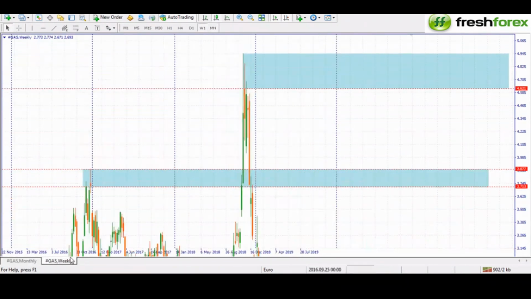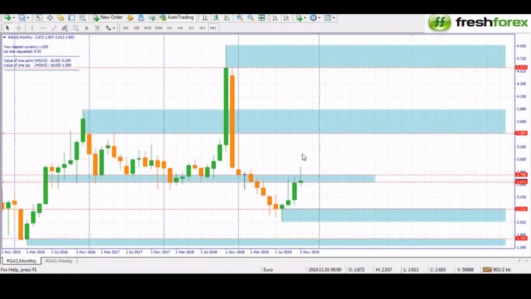So what this means is that you have to wait for the monthly candle, which is this one, to close in between the zone, this one, or it should close below the lower line, making the zone 2.675. This is what must happen.